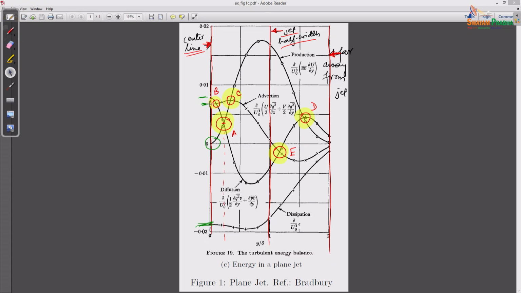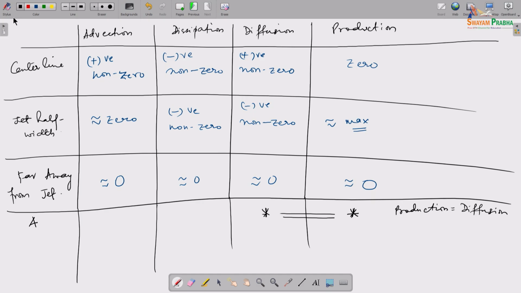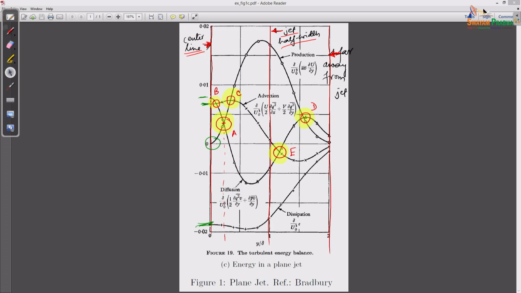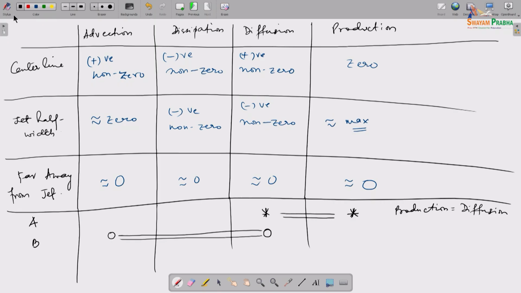The diffusion is equal to the advection at point B. So advection is the same as the diffusion.